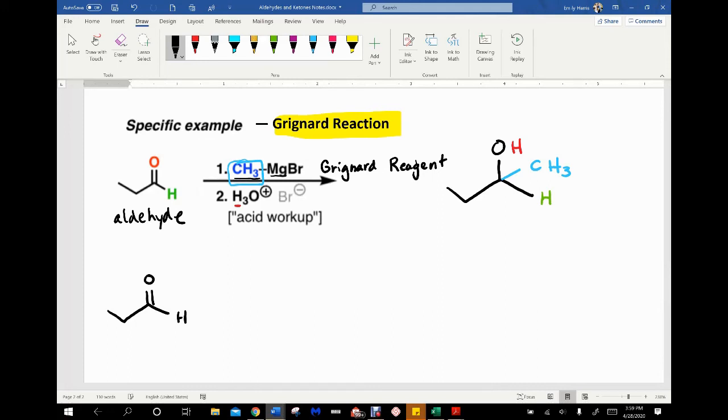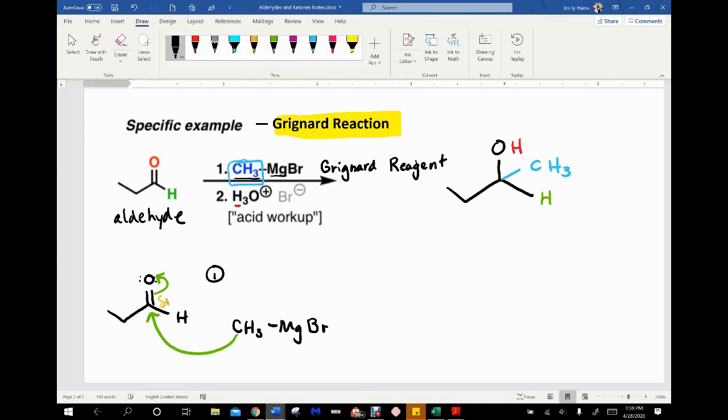So here's our oxygen. All right. So the first step is the attack of the nucleophile. And again, due to the special structure of the Grignard reagent, the CH3 is going to act as the nucleophile to attack that partial positive carbonyl center. Okay? As a result, these pi electrons will be donated up to the oxygen.